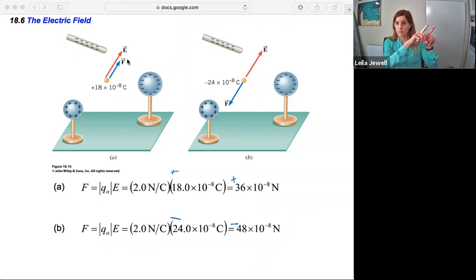They're just working together. But in part B, because we now have a negative charge, it will need to be a force that is opposite. Because remember, the electric field tells you about what a positive charge would experience. It's the opposite of a negative. All right.